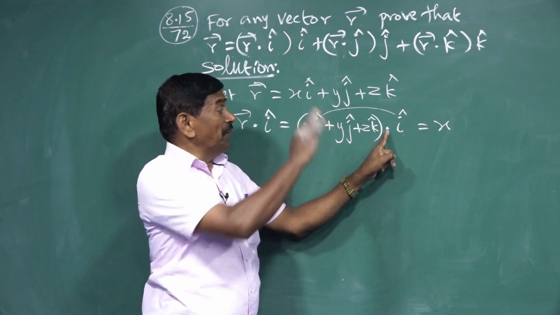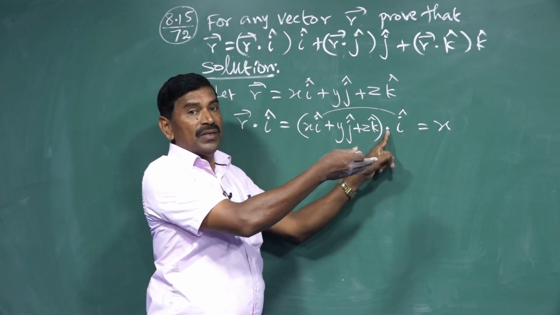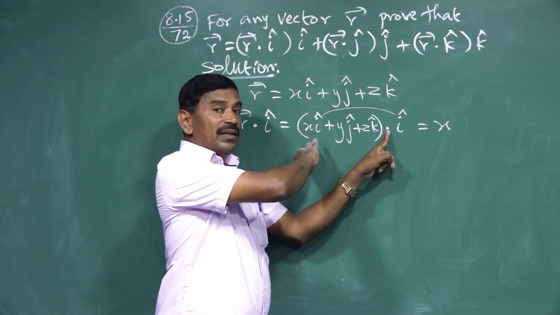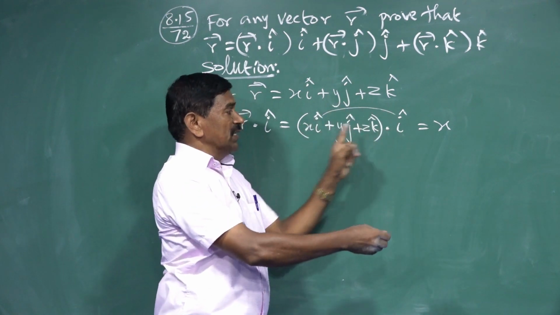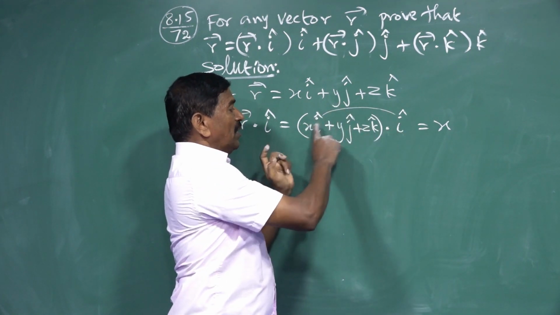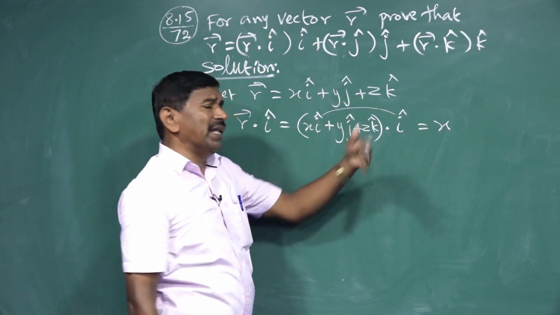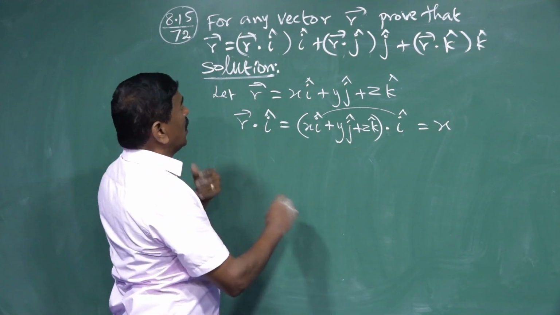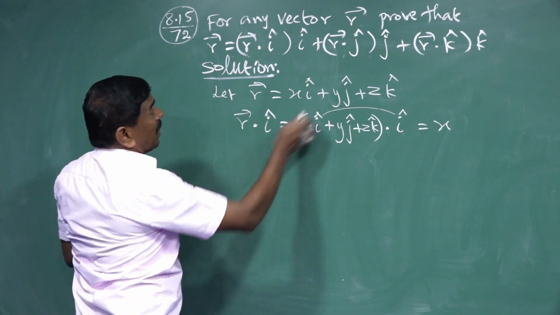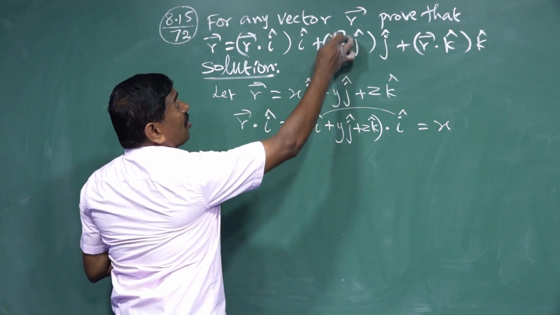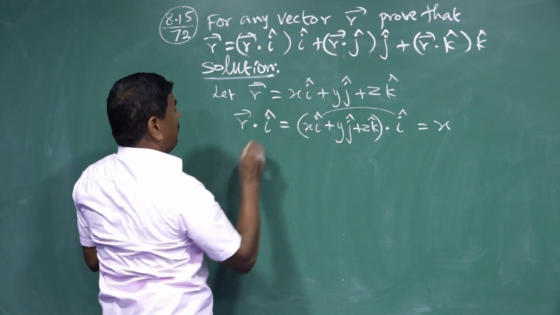If the dot is defined between the two vectors, it is enough to multiply itself, only the coefficients. Here i to i is possible, x into 1 equal to x, remaining all 0. Now similarly, consider the second bracket. The second bracket is r vector dot j cap.